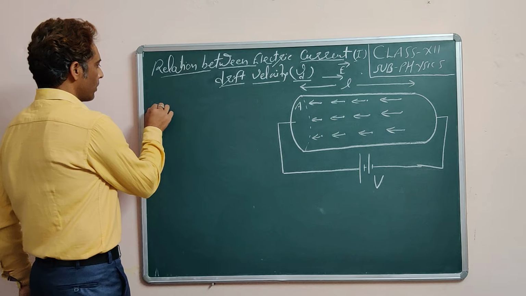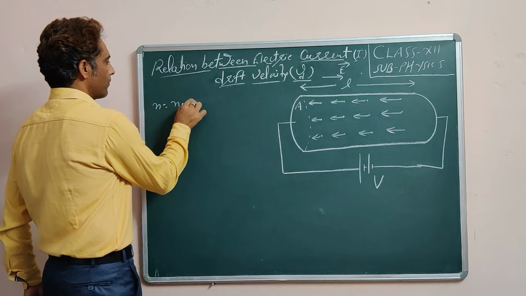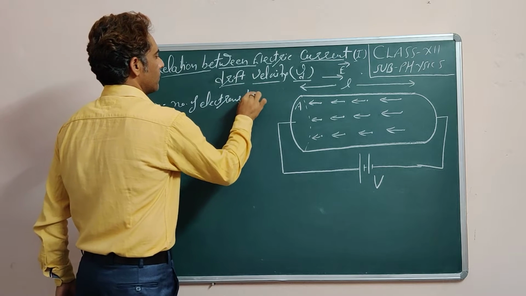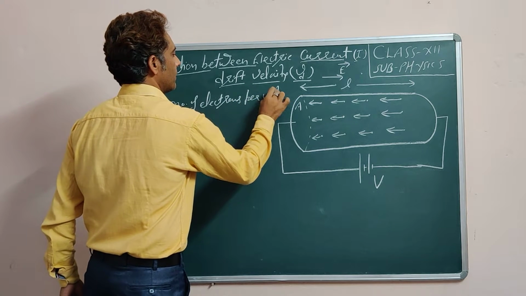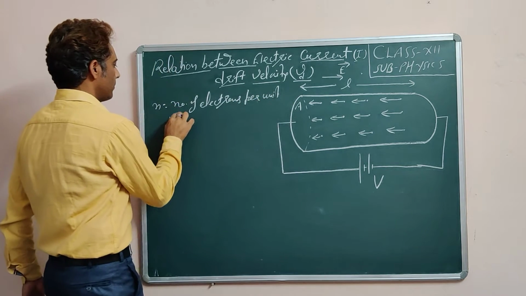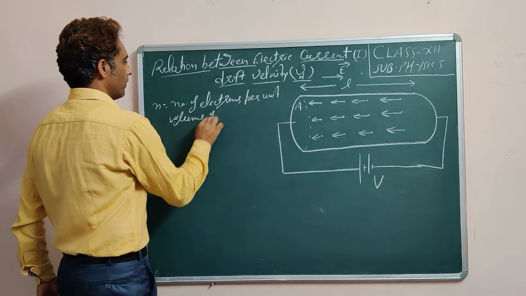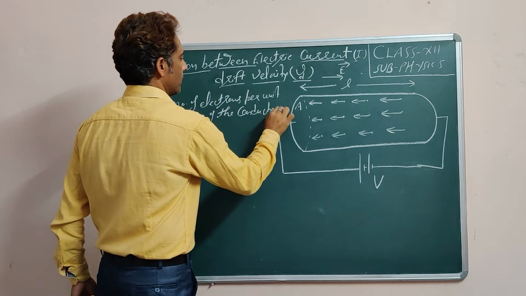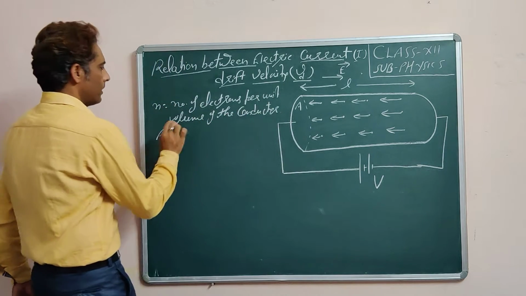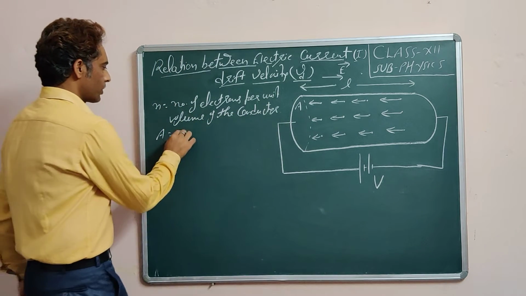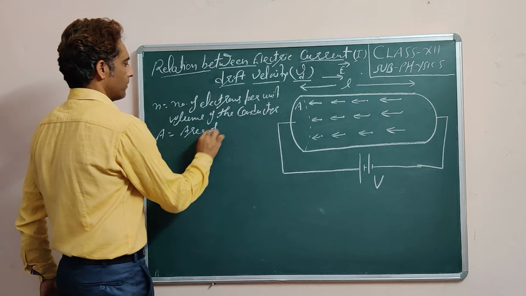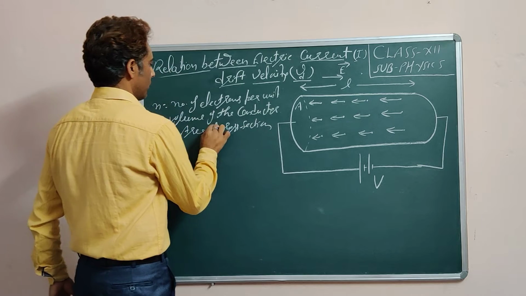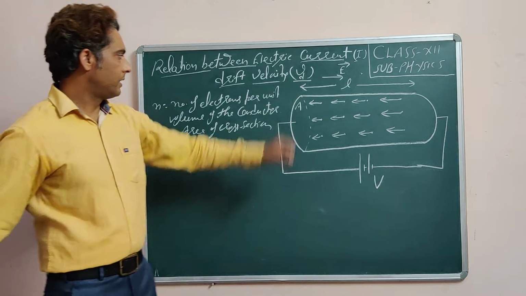So let small n be the number of electrons per unit volume of the conductor. Capital A is the area of cross section, and L is the length.